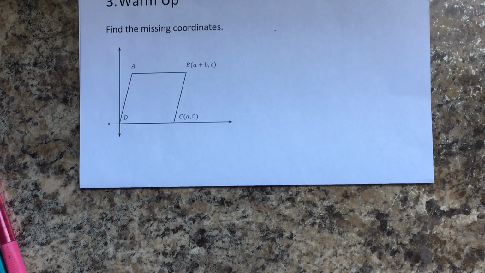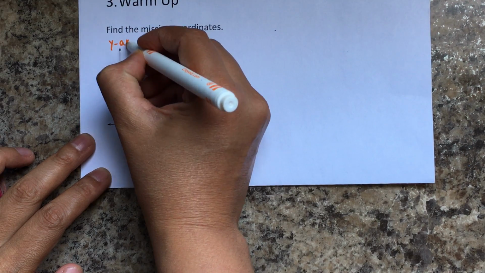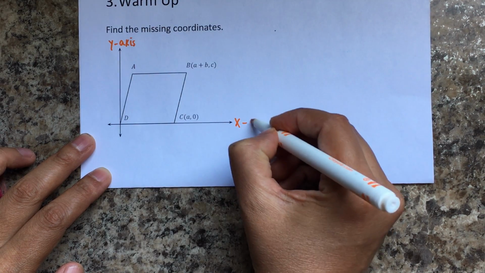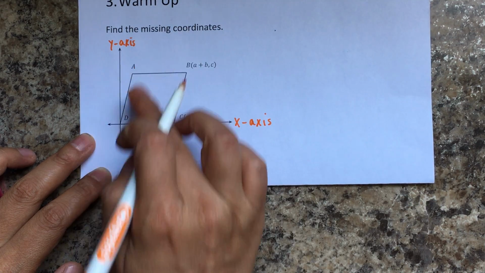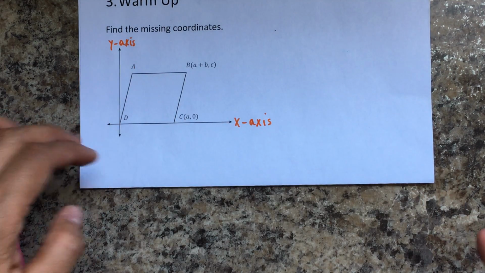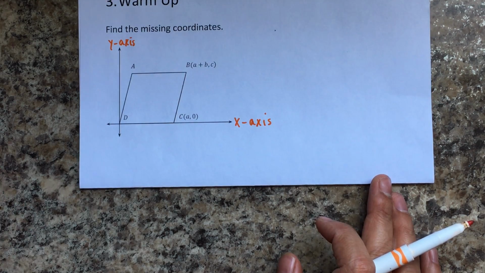So I want to ask you, if this is the y-axis, and this is the x-axis, and you're trying to find the points for A and D, make sure you pause the video and then go ahead and continue with the video.